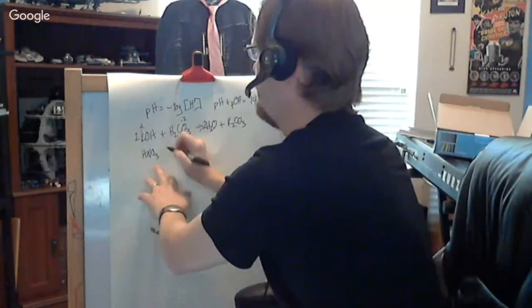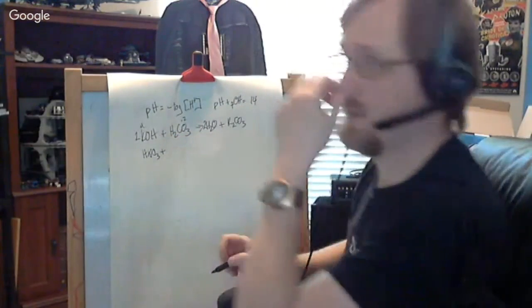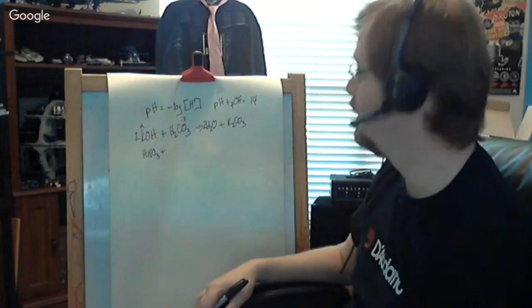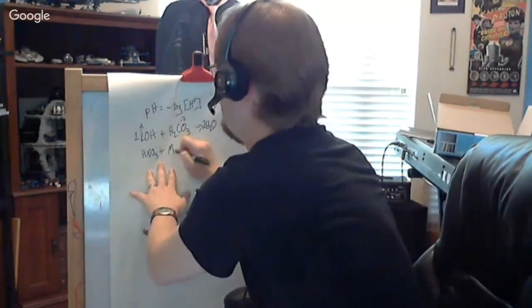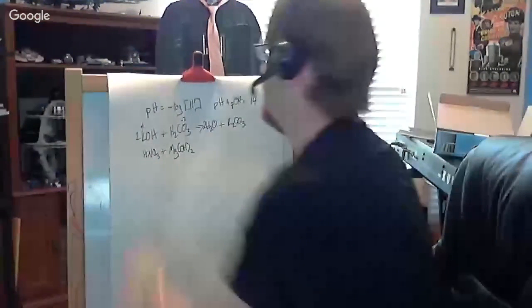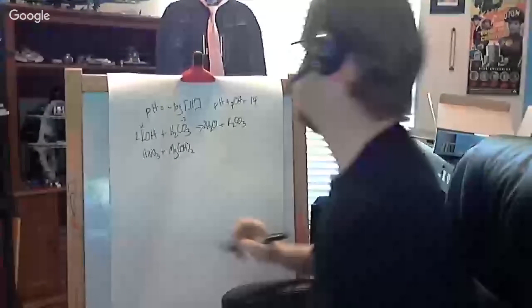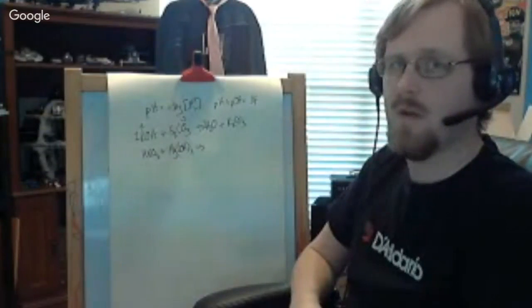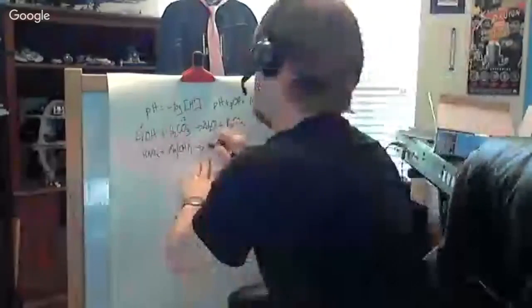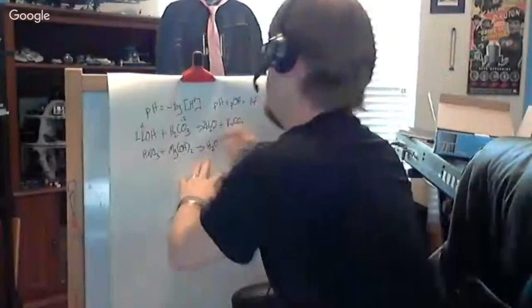So HNO3, let's say, and then we're going to react this with something like magnesium. Okay, what are the products? Well, let's think about it. It's a neutralization reaction. So the first product is always going to be H2O.